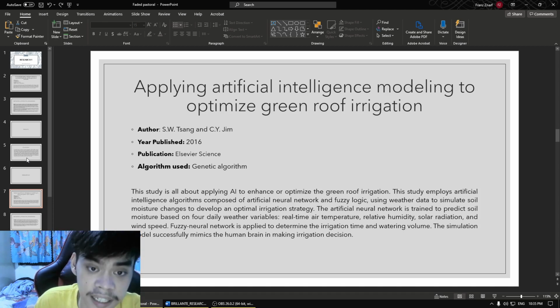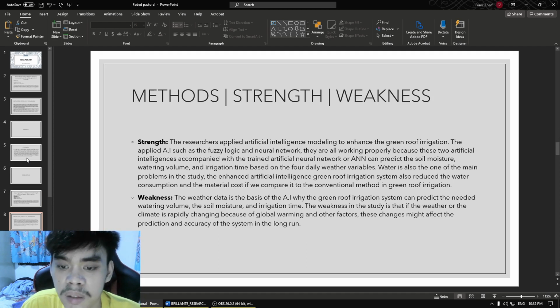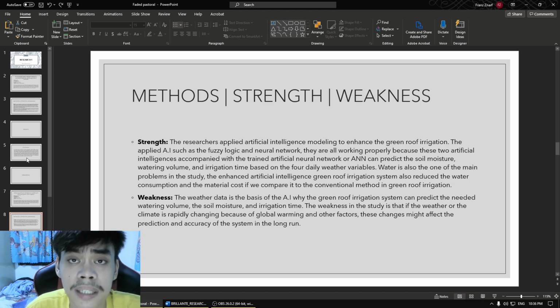So let's go to the next slide. Let's go first to the strength. The researchers applied two different artificial intelligences to enhance green roof irrigation. These two AIs gather the data and provide the needed data to be able to mimic the behavior of a human in doing the irrigation.